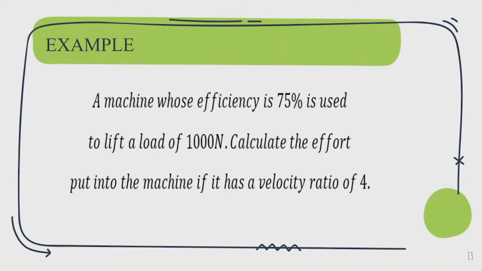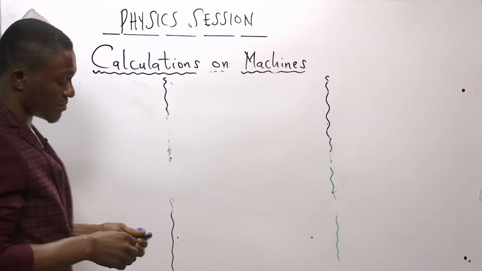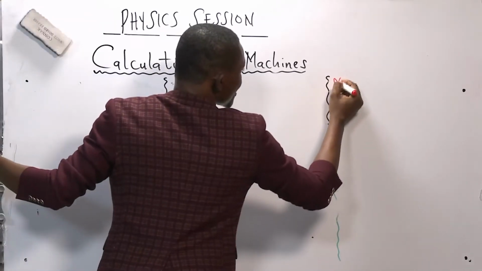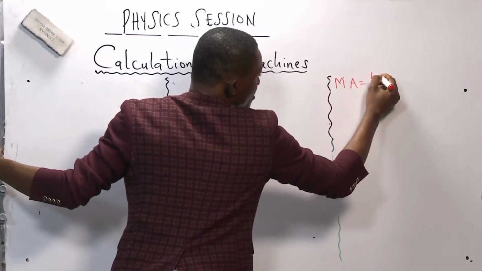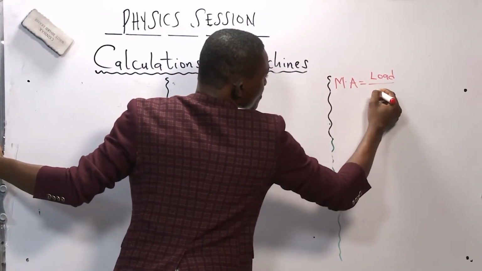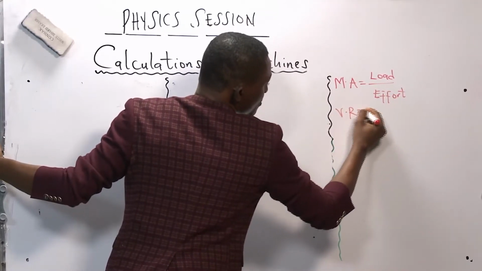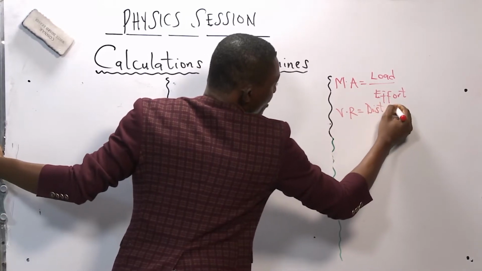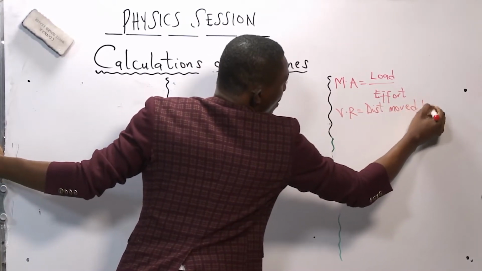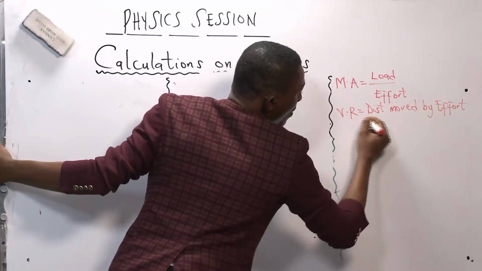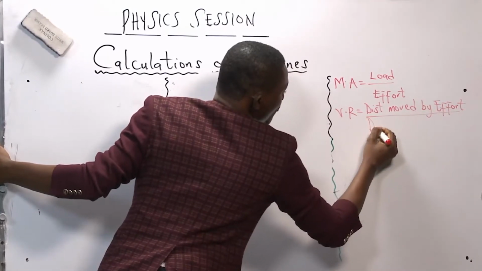But before then, I want to write down a list of the formulas we've talked about today, starting with the mechanical advantage. So I said our MA, which is mechanical advantage, is equal to load over effort. We also said our velocity ratio is distance moved by effort over distance moved by load.